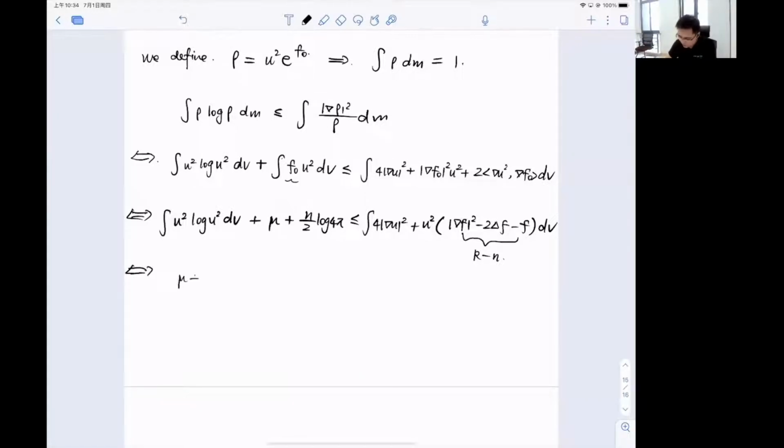That is, mu plus n over 2 log 4 pi is less than or equal to the integral of 4 gradient u squared plus R u squared minus u squared log u squared dv.